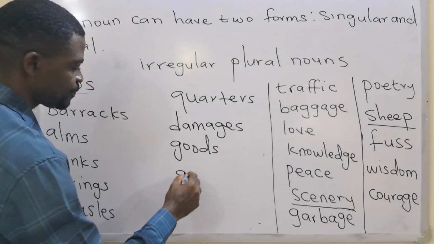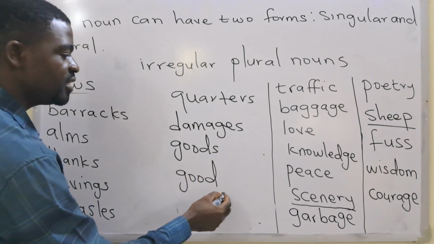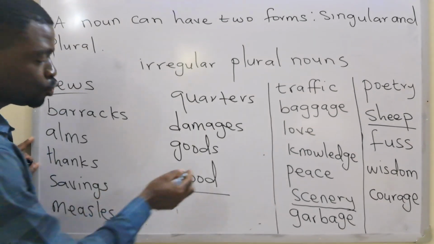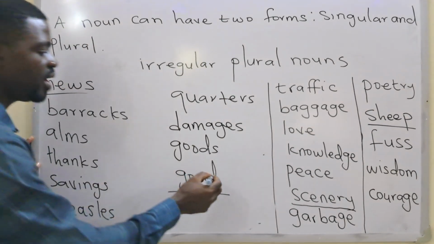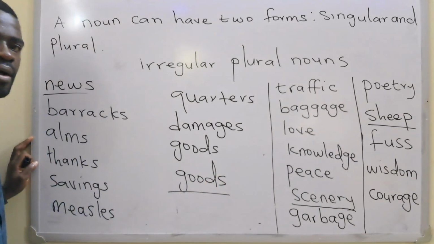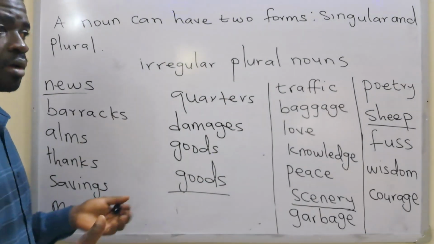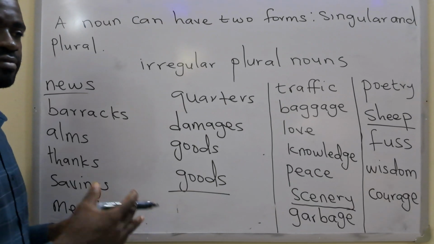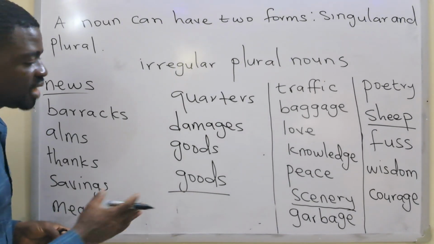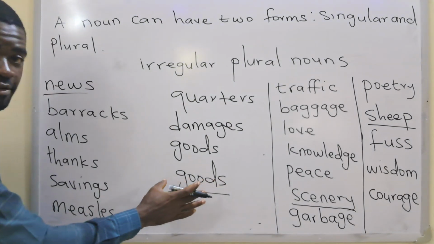Good is an adjective. So if you have good alone, it's an adjective. But when you add S, it becomes a noun. And it refers to maybe produce or things that have been manufactured in factories. But it's always in plural form.